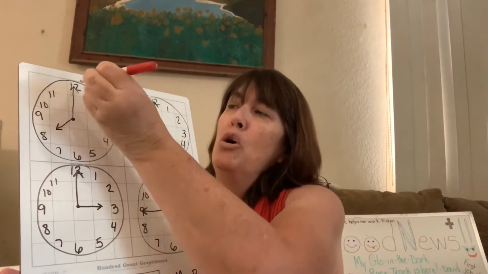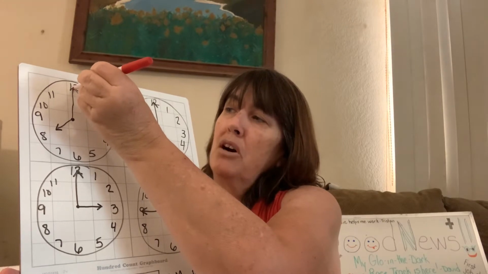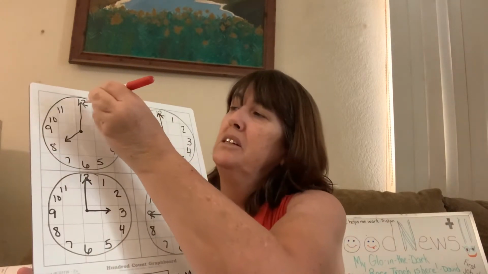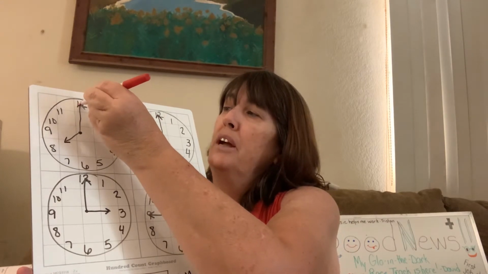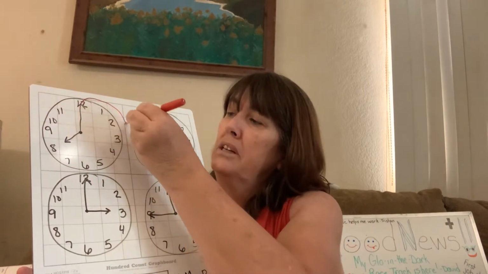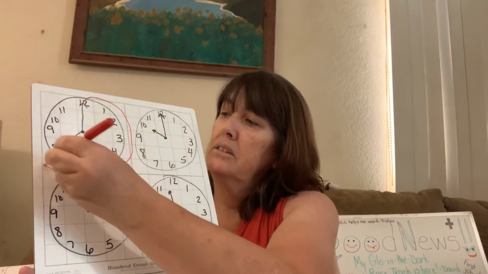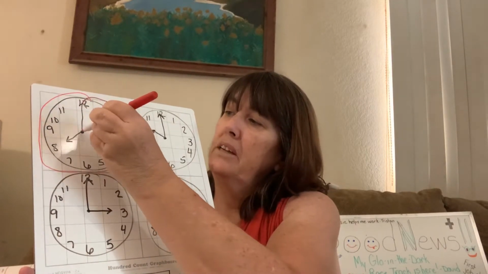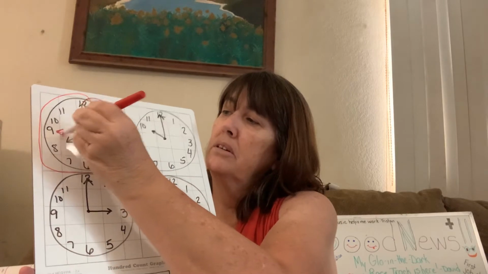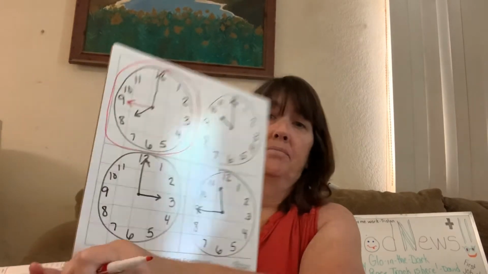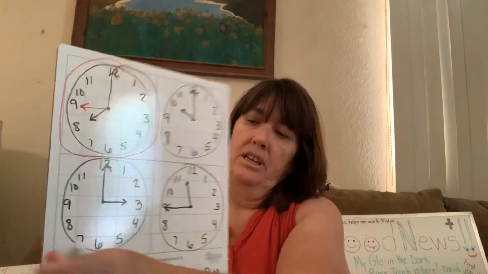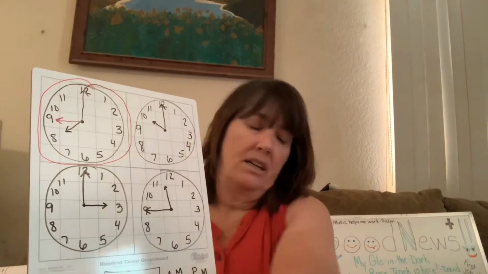So when we go, we move our minute hand all the way around. One rotation equals 1 hour. Okay, so 1 hour, we're at 9 o'clock.